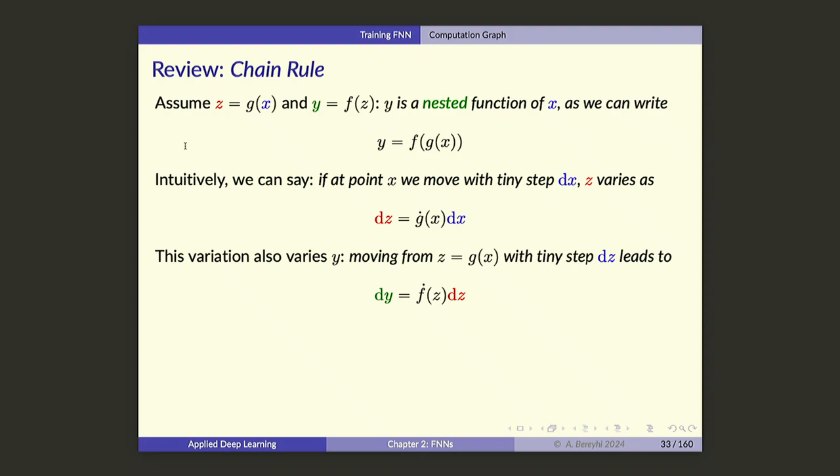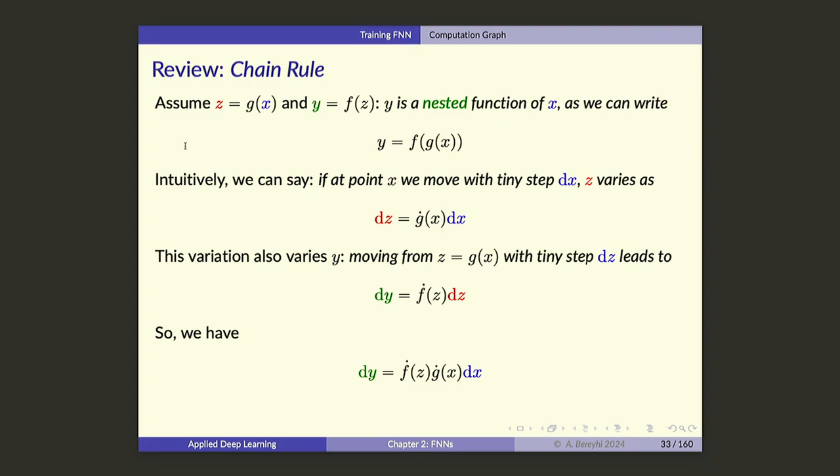Now, if I replace this dz with the expression that I have here, I can say that the change in y is related to the change in the input x in this form, which is the multiplication of the derivatives. I first take the derivative with respect to z, and then I calculate the derivative of z with respect to the target variable.